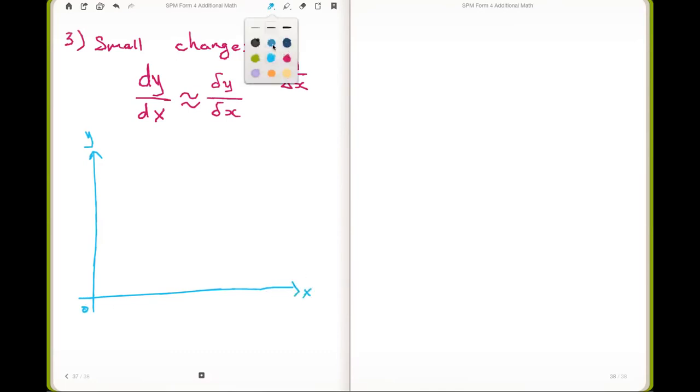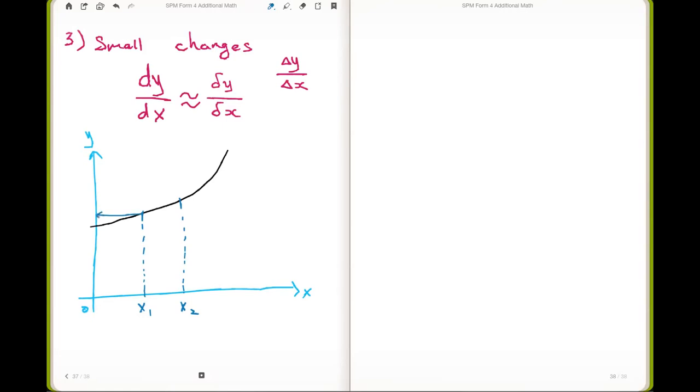If you have a graph that looks like this, with a small change of number, maybe here to here, maybe this is x1, progressing to x2. x1 corresponds to value y1, x2 corresponds to value y2.